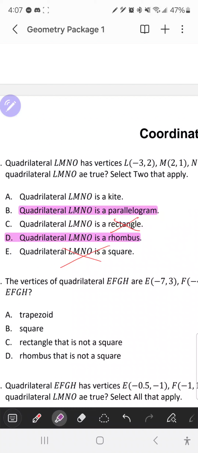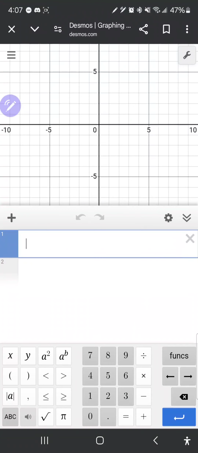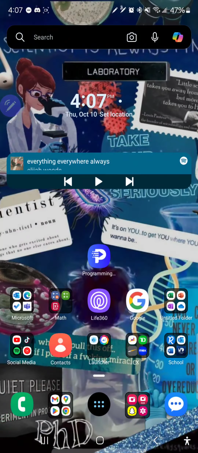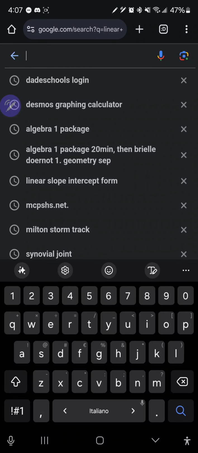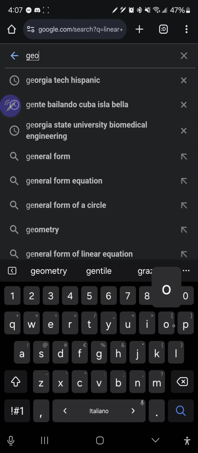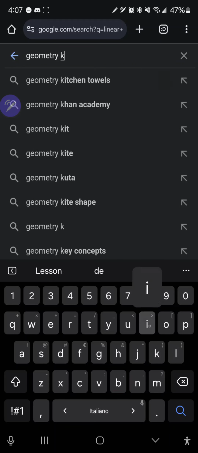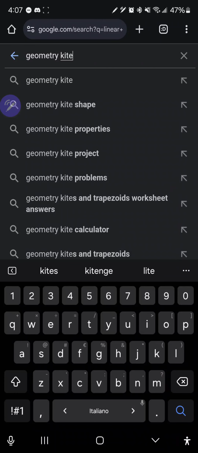Now, they just say to select two that apply, so we don't need to check every option. But if we want to be sure, we can search: geometry kite properties. I think I know, and I will say it is true, but I just want to make sure.